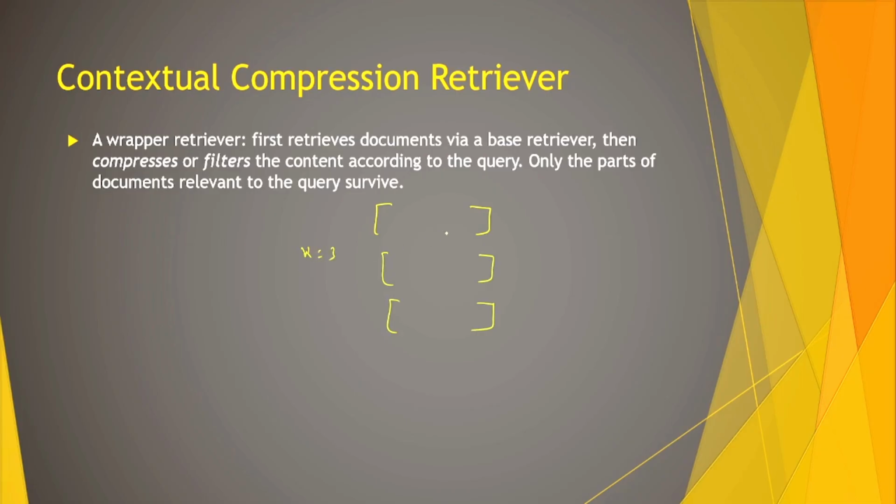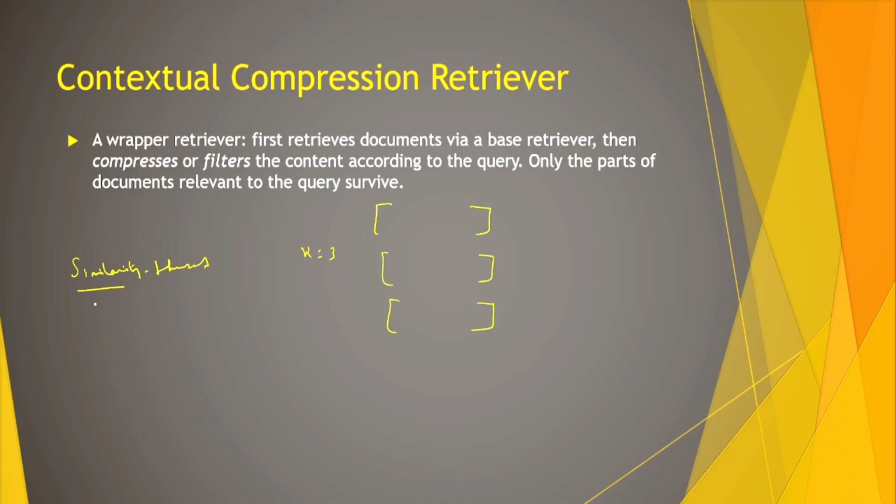Okay. Now once we got the top 3 documents, then what happens? Within the compressor we have to mention one threshold value, a similarity threshold value. Okay. Now we got our 3 documents.